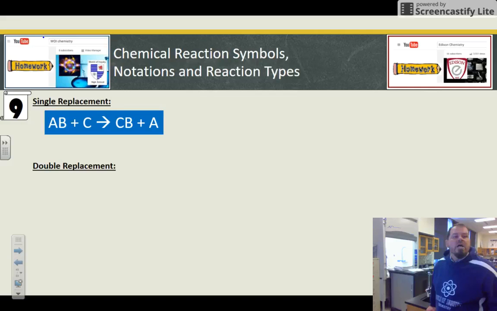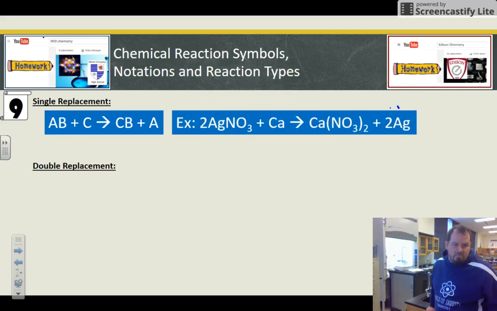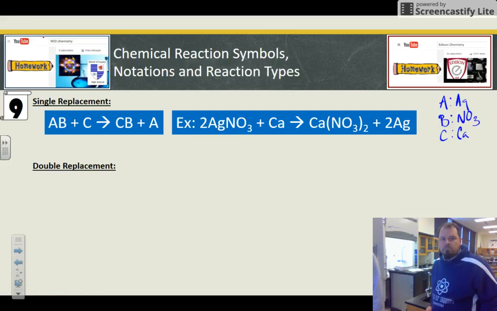So single replacement, the generic code is AB plus C goes to CB plus A. So in this case, we'll say Ag for A. N is going to be B, and Ca would be C. So C would be Ca. And B is actually NO3, Mr. Mills. Oh, yeah, you're right. So I'm going to just code it up like that.